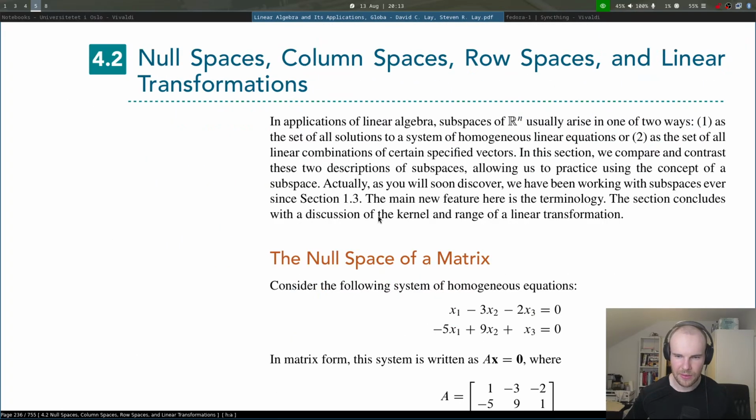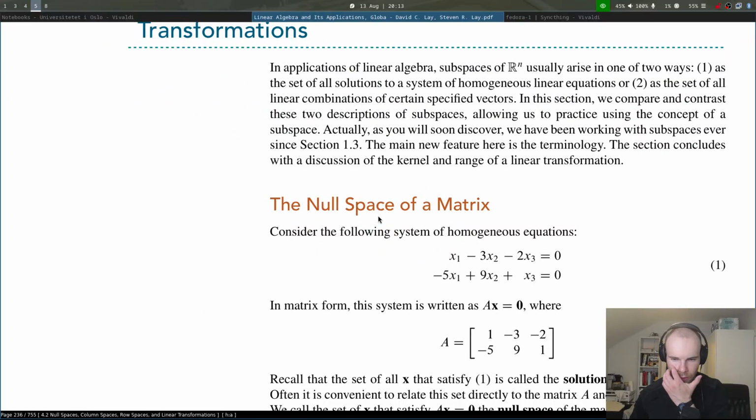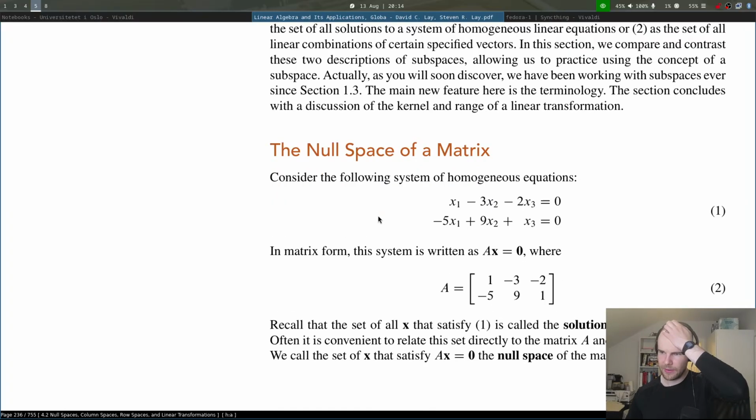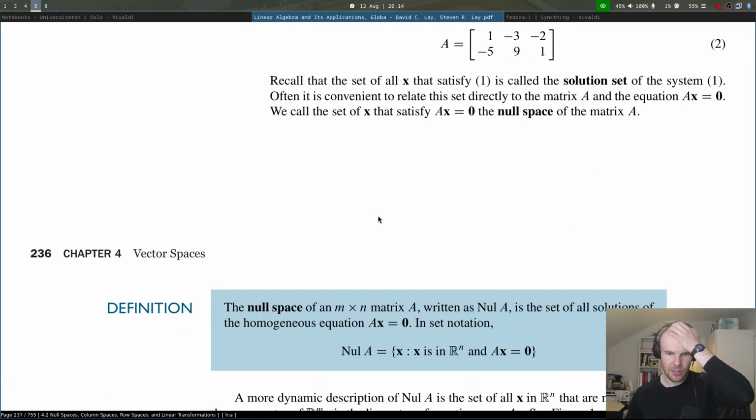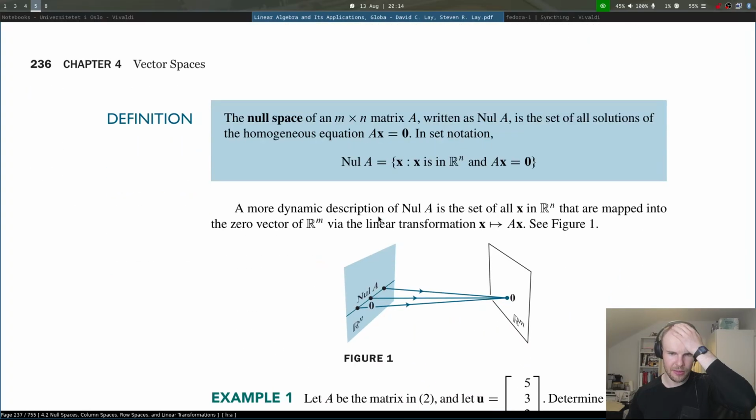So instead, I need 1, minus 3, minus 2, minus 5, 9 and 1. Right, and what we had was the example and definition.